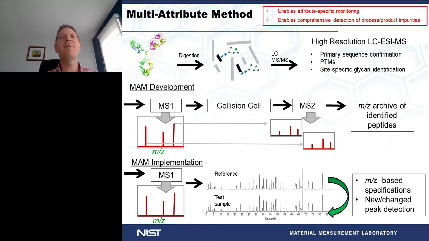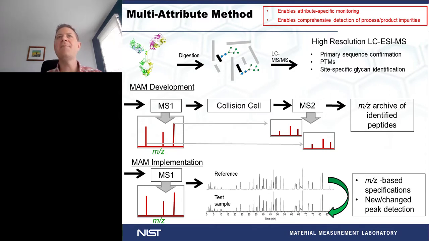This is something you may have heard about in the literature at various conferences, and it really is an extension of what we think about as peptide mapping. So in the upper left-hand corner, we have our monoclonal antibody. This can be digested using an enzyme such as trypsin, and you can see then these gray bars indicating the peptides, and then the black bars indicating the glycopeptides that may be making up that individual monoclonal antibody.